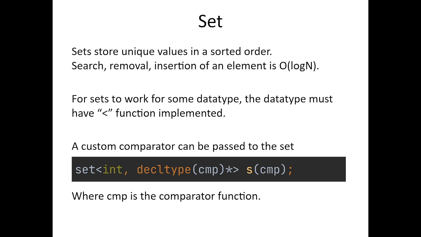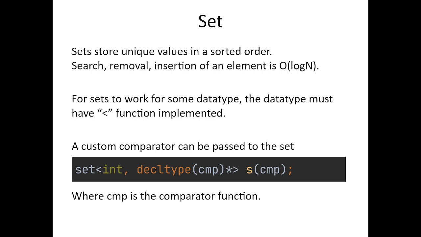So if you want to have a set of your own class or your own struct, you have to implement the less than function. Basically, it means that in a set the elements should be comparable.